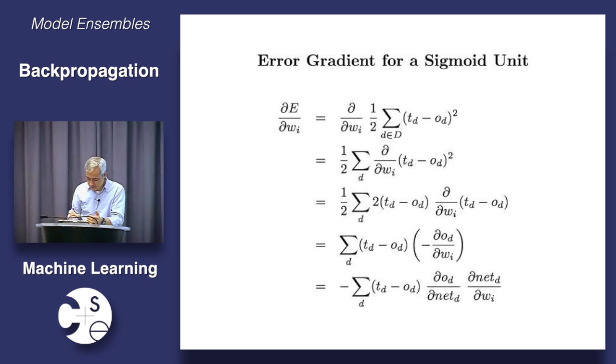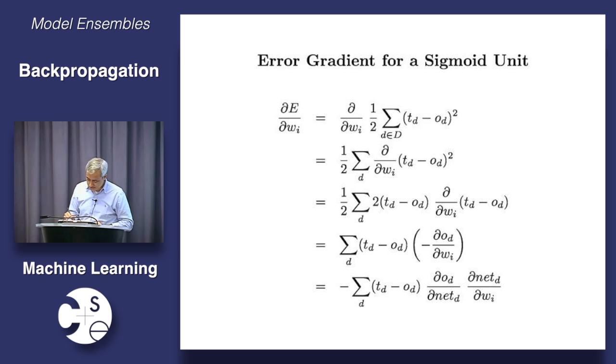Now I apply my chain rule, and here I have it: it's 2 times blah times the derivative of blah. And these guys cancel, same thing as before. But now let's get to the more interesting part. Remember, the derivative with respect to w of (t_d minus o_d): this part goes away, because t is the target value, it's a constant.